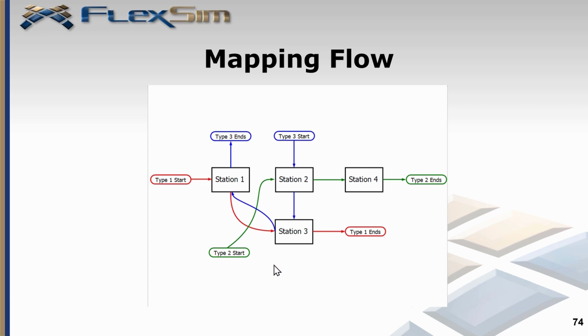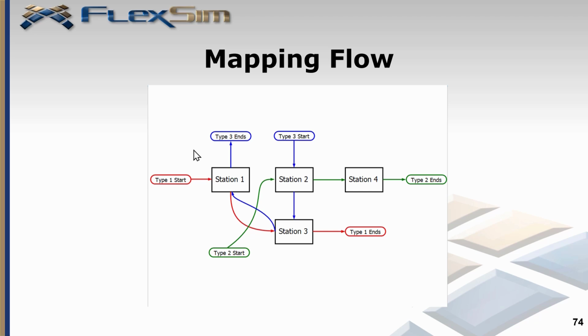Part type 2, the green line, needs to hit station 2 and then be processed at station 4 and then ends its flow. And part type 3, shown in blue, begins at station 2, must then go to station 3, and then to station 1, and ends.